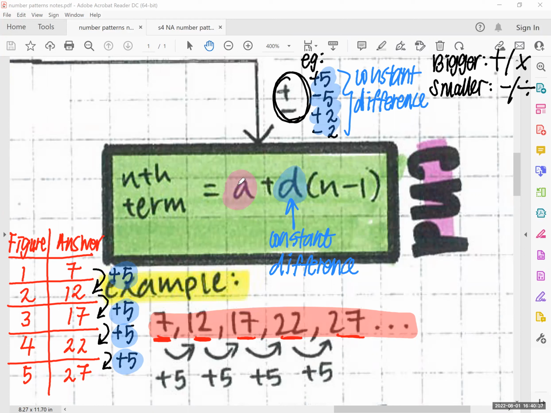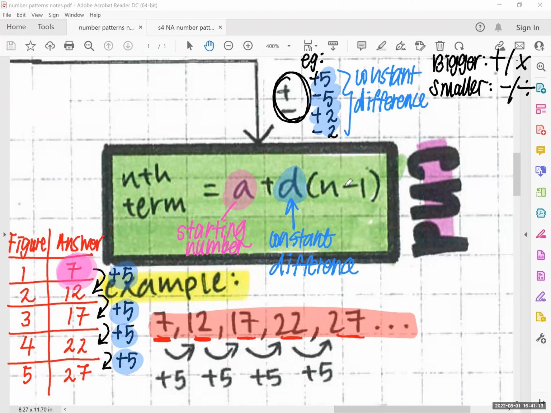This A means your starting number. What do you start off with? The first term, 7. So my starting number is 7, and I highlight this in pink. Are you also highlighting it in pink? Okay, N will just stay as N.